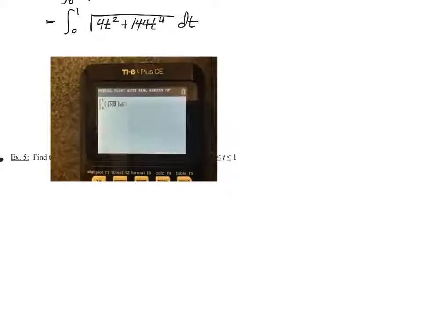You could use x's, t's, whatever. I'm going to use x's. 4x squared plus 144 x raised to the 4th. Pop an x on the outside. And then hit enter, and you're looking at about 4.149. So approximately 4.149.